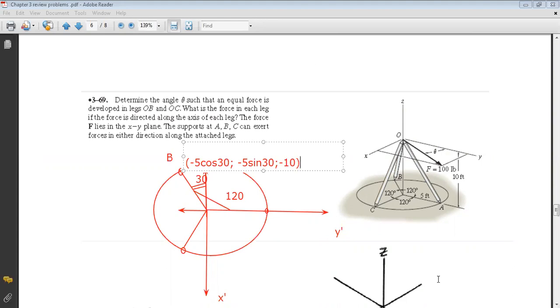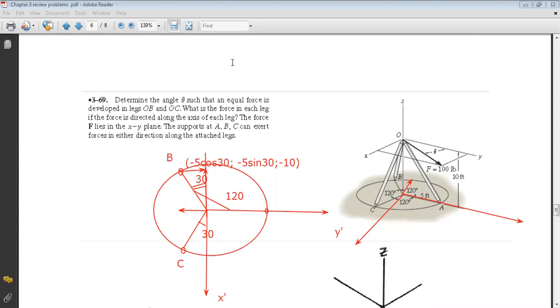If you look back at this figure, you can also see it. This is y prime and this is x prime. As you can see, B has a negative projection along x prime and also along y prime. Now for point C, what will be the coordinates? This angle also is 30 here. So it is 5 cosine 30, minus 5 sine 30, minus 10.